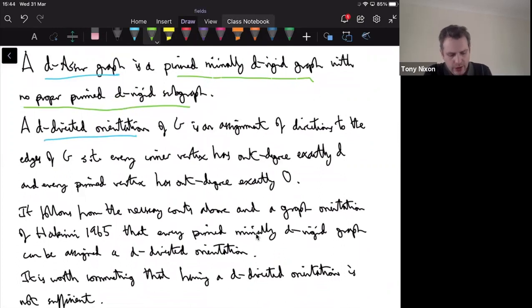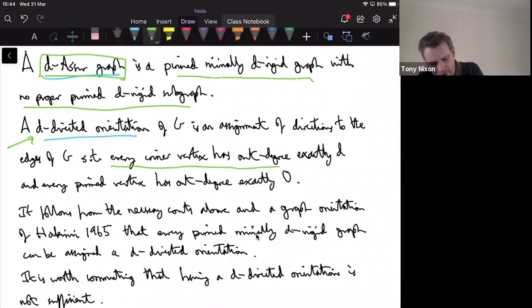To understand the parts of a pinned minimally rigid graph, which are Azure graphs, I'm going to introduce orientations of the graph. I say a d-directed orientation of a graph: we assign directions to all the edges, and the condition is that every inner vertex has out-degree exactly d, and every pinned vertex has out-degree exactly 0.